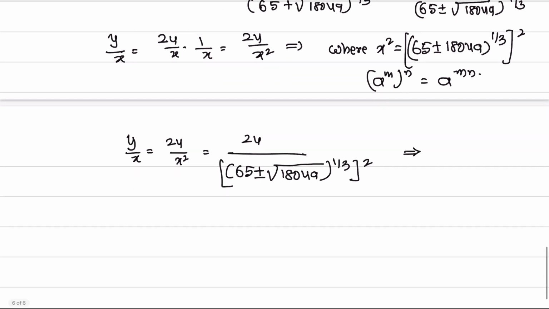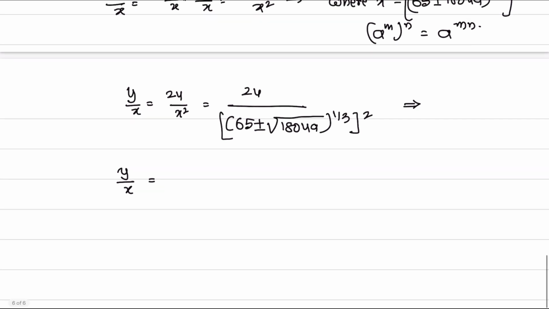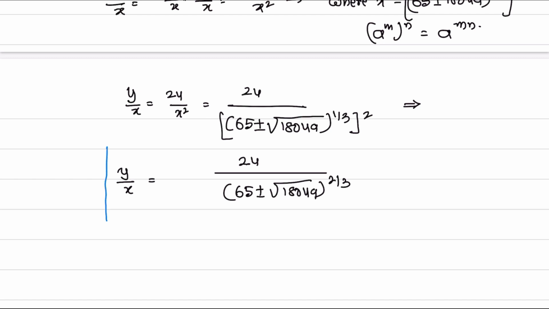That means y by x is equal to 24 whole divided by 65 plus or minus square root of 18049 to the power of 2 by 3. This is the answer.